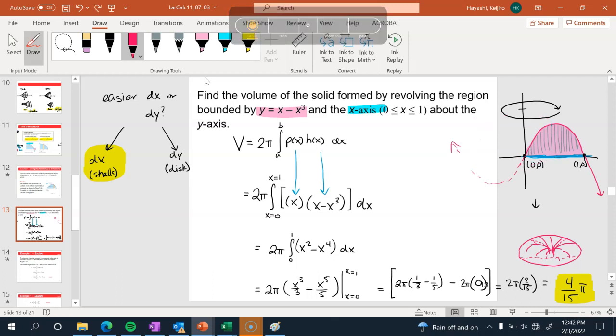So x is going from 0 to 1. When it's at 0, the radius of the shell that spins out will be 0. As I travel from 0 to 1, my radiuses are going to get bigger and bigger until, finally, at the end of the shape, the radius is 1. So in that sense, the radius is just the x value that you happen to be at as you go from 0 to 1.